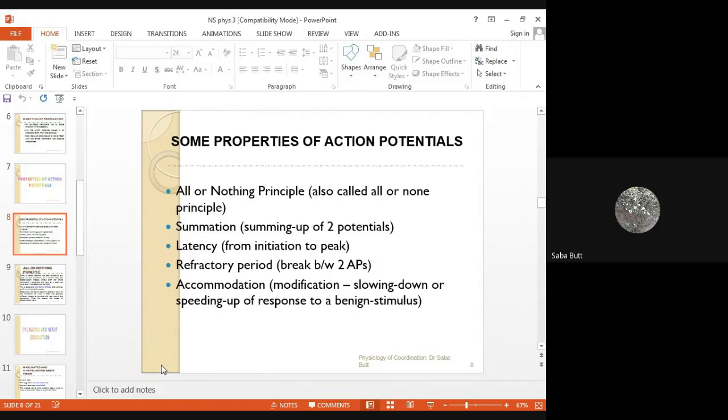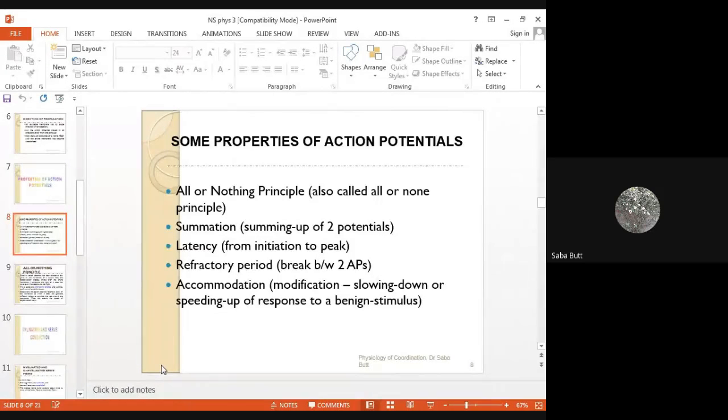You have seen the dendrites. In the beginning, I showed a few pictures showing that there may be hundreds of dendrites on one neuron. So one neuron may be receiving hundreds of signals at the same time. All those are activating and opening sodium channels.